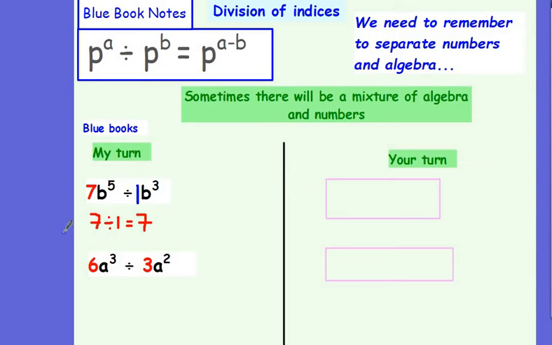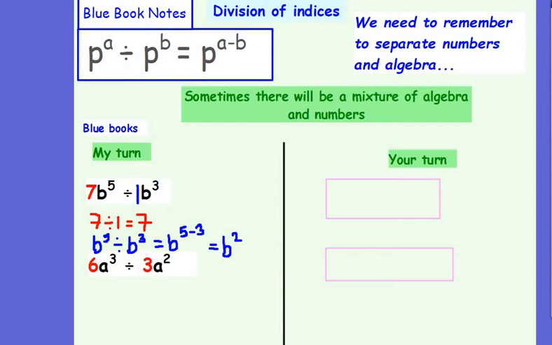Looking at my letters, I've got b to the power of 5 divided by b to the power of 3, which gives me b to the power of 5 subtract 3, which is b to the power of 2.